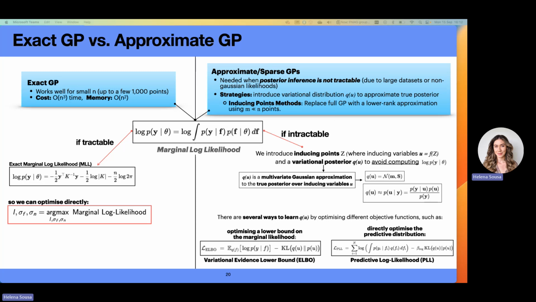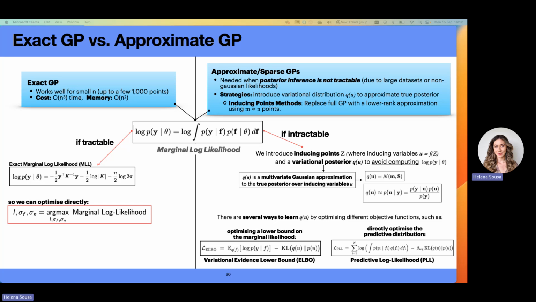And so, since this marginal log likelihood is not tractable, we need to apply different strategies to try and make it tractable, so we can actually learn an approximate posterior.